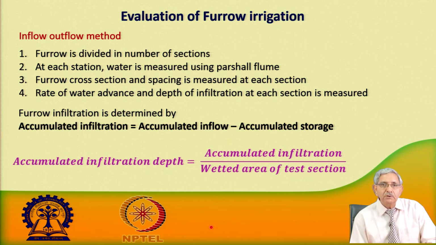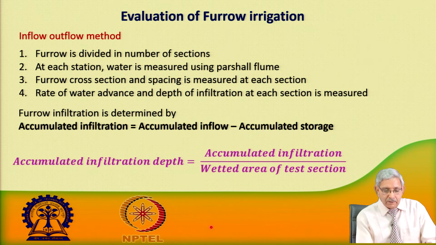Infiltration from a furrow is determined by the accumulated infiltration. The accumulated depth of infiltration is given by the accumulated inflow at a particular time, when water has been introduced by stream in a furrow. That accumulated inflow is the stream size multiplied by the time.